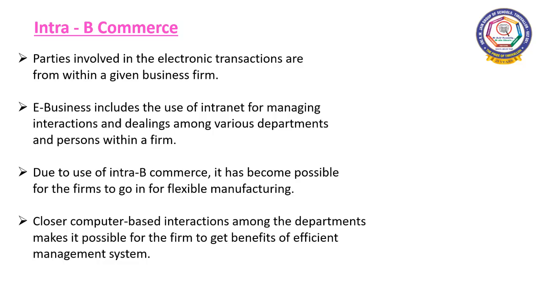And so it is possible in case of intra-B commerce, that is, various departments can interact among themselves electronically. In case of intra-B commerce, it has become possible for the firms to go in for flexible manufacturing. Flexible manufacturing is possible since the electronic transactions are conducted between various departments.